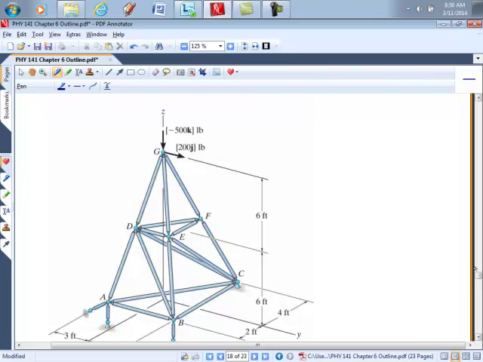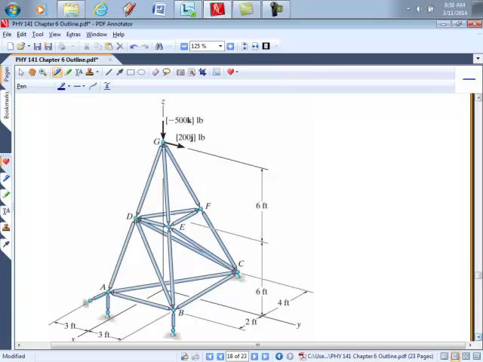So this looks like some kind of a communications tower. And it's got both a vertical and horizontal force on the point G, and it's going to have reaction at points A, B, and C. What's the nature of the reaction at B? Right. There's a two-force member here that's connected to the space truss here, which is only vertical.